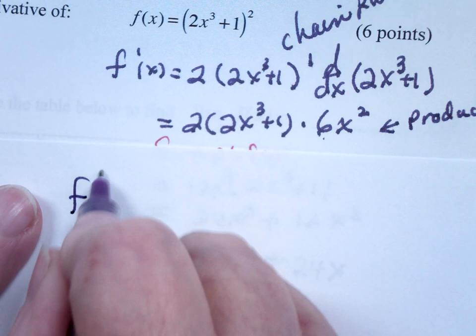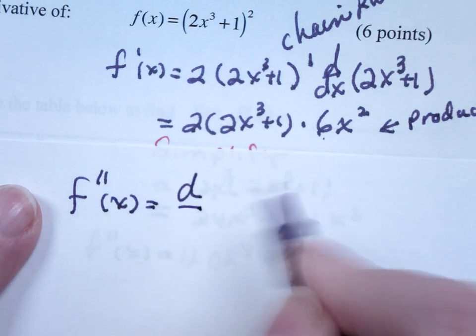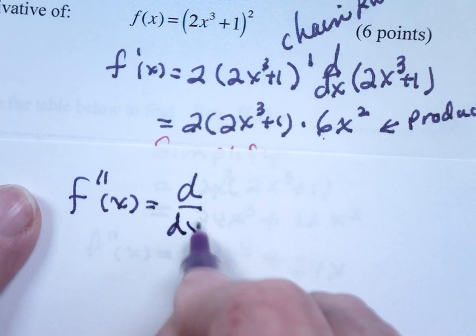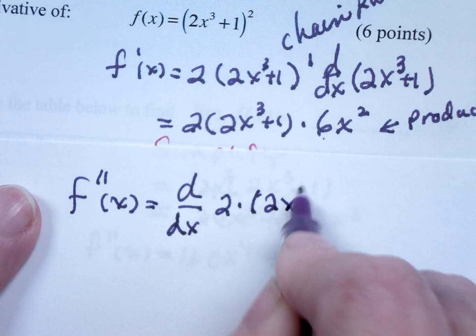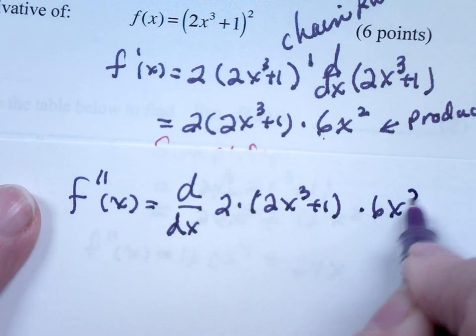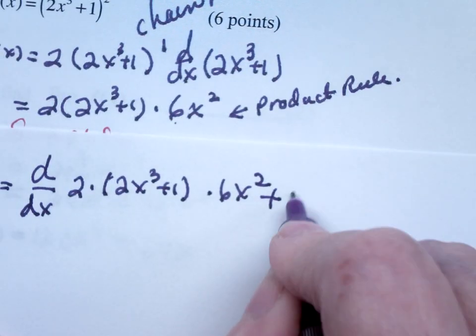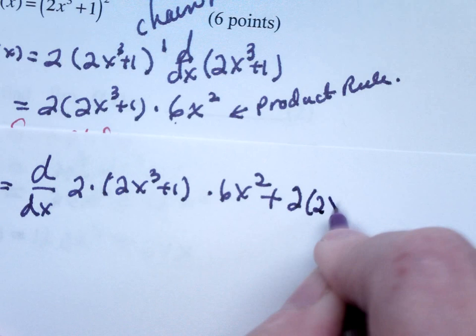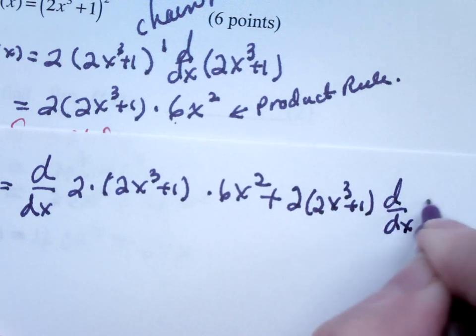So that f double prime would be the derivative of the first times the second plus the first times the derivative of the second.